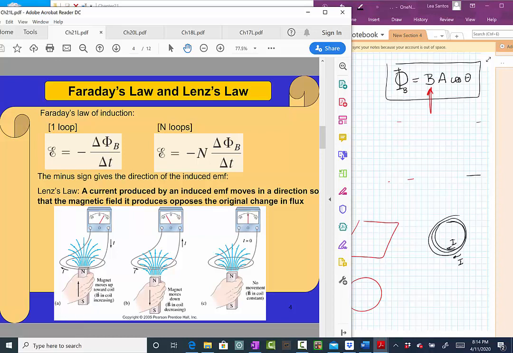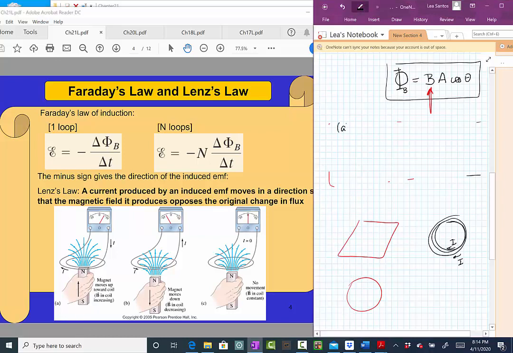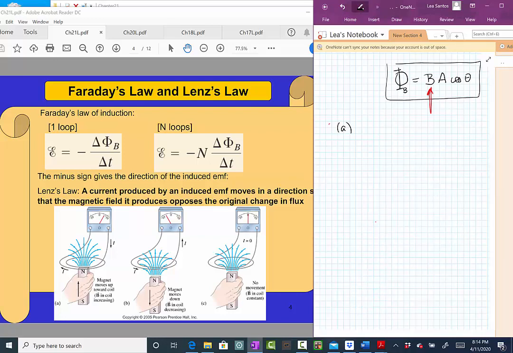So in this case, let me put here case A. In this case A, when initially the magnet was very far away, our magnetic flux was very, very small. As we brought the magnet very close, and the magnetic field became much stronger, our new magnetic flux became much larger.